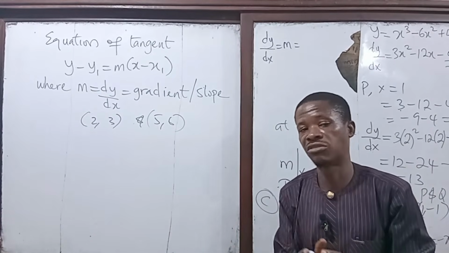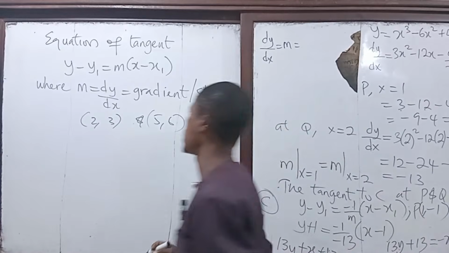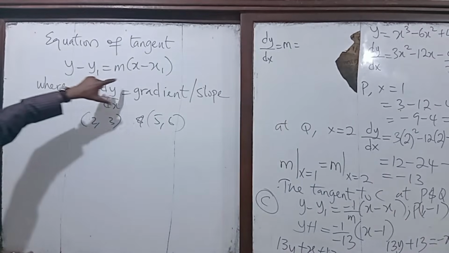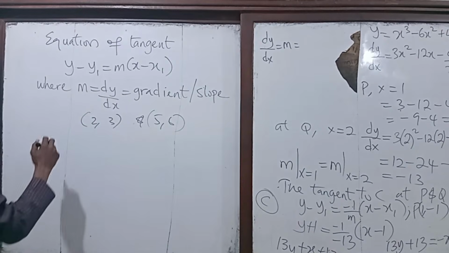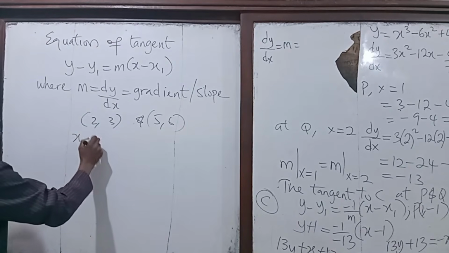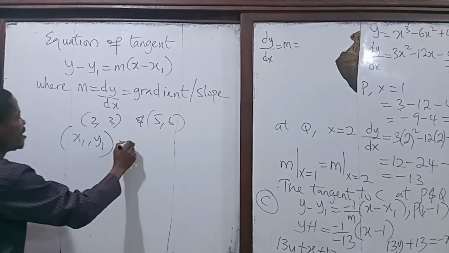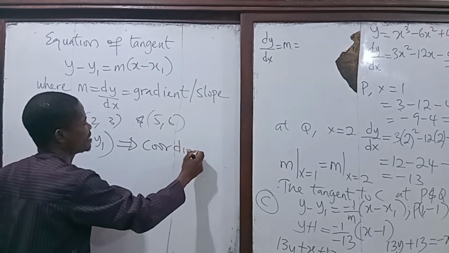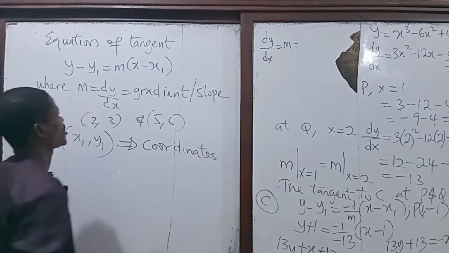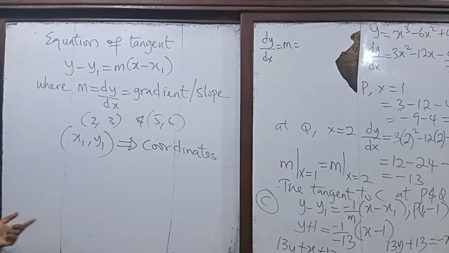So m is dy/dx, that's the differential coefficient. Your x1, y1 are the coordinate points which will be given to you.